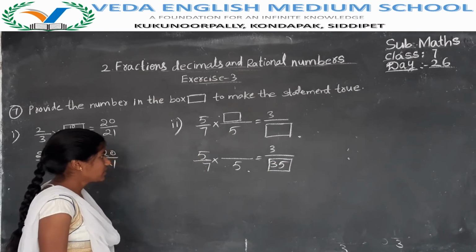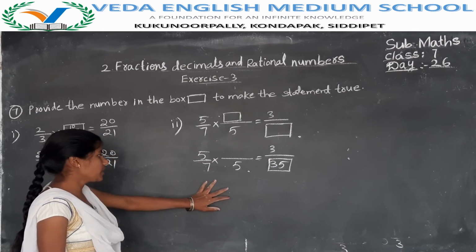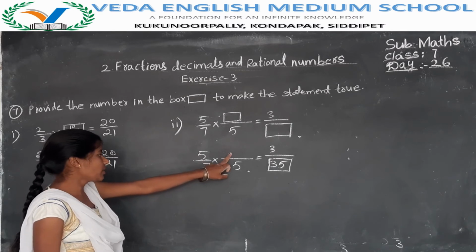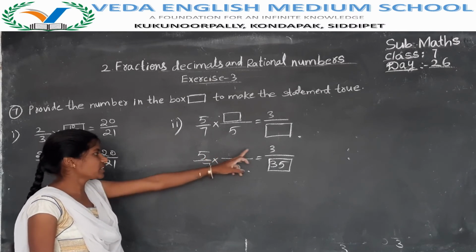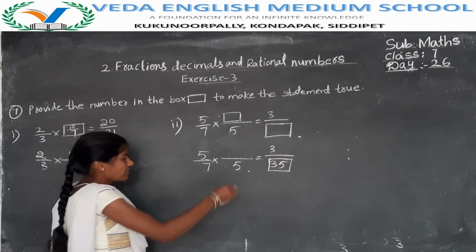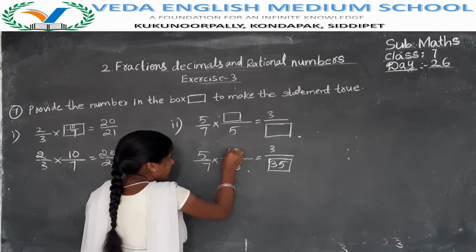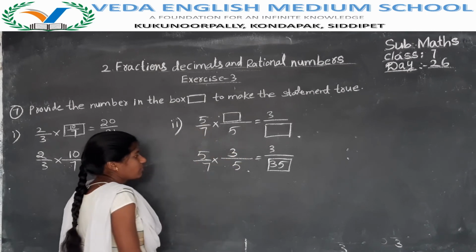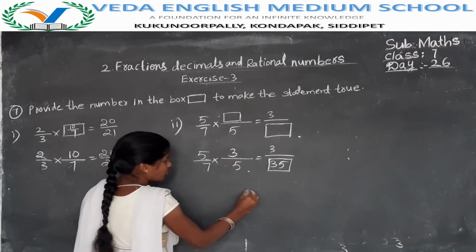7 5s are 35. Now see here, what number we have to multiply with 5 to get the answer as 3? Here we will take 7 here. Here we will multiply with the same number, that is 3. Now see here, I will show proof here.